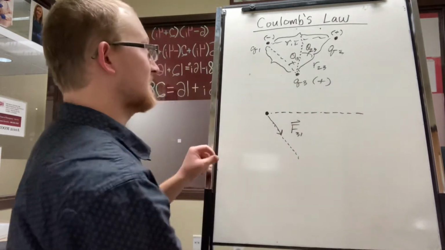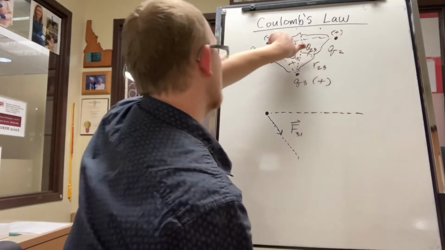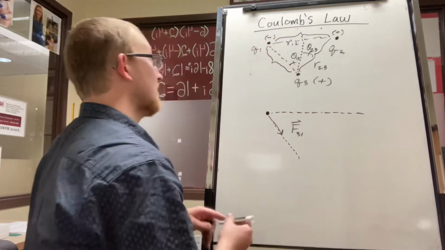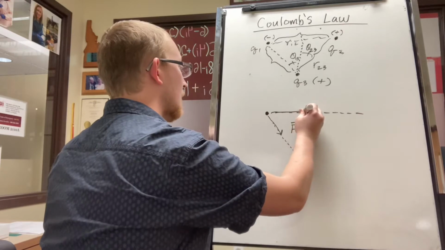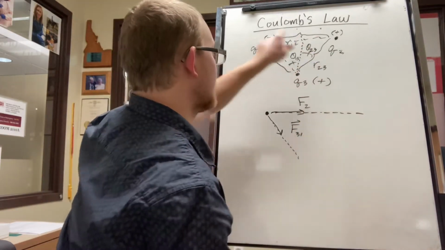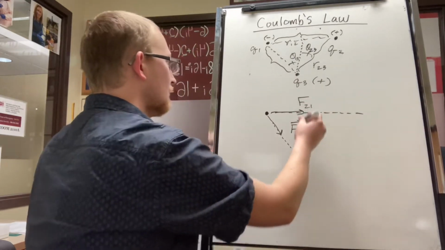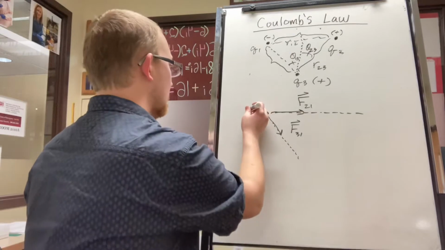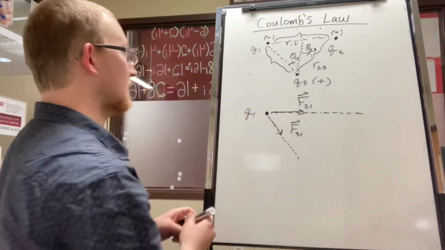Because forces act radially, the force is going to be radial to Q2. Once again, we have dissimilar charges, so we have attraction there. So this is the force applied from 2 onto 1, and that's also a vector. Those are all the forces acting on our charge Q1.